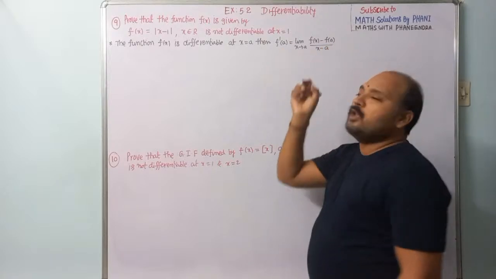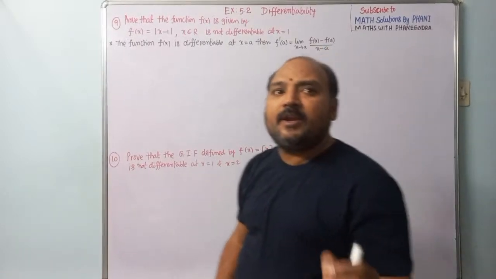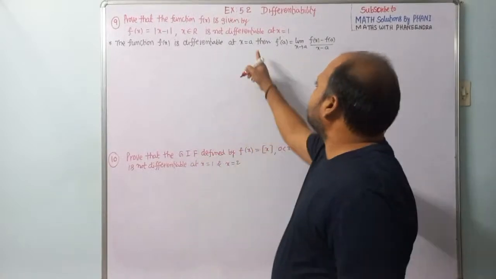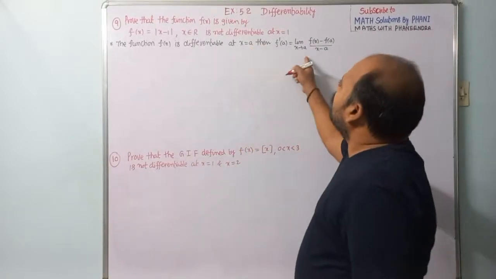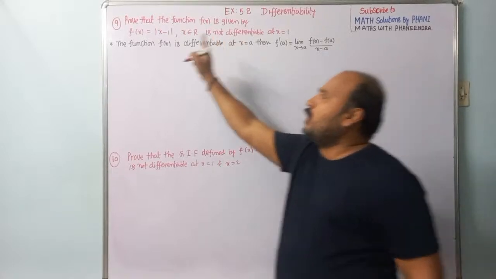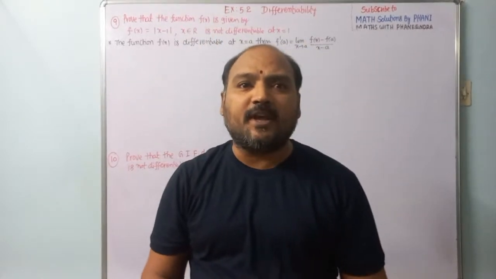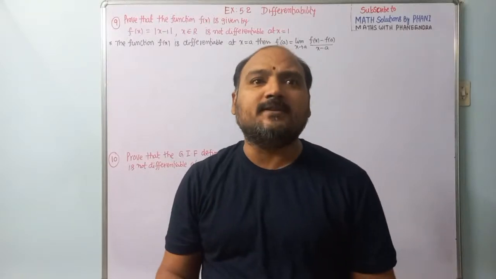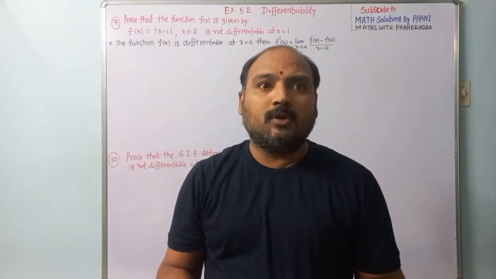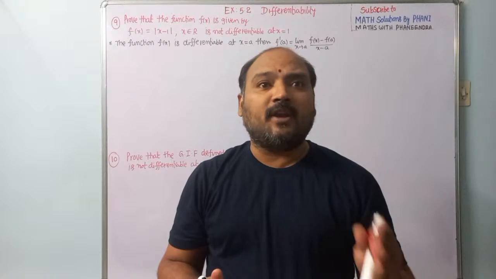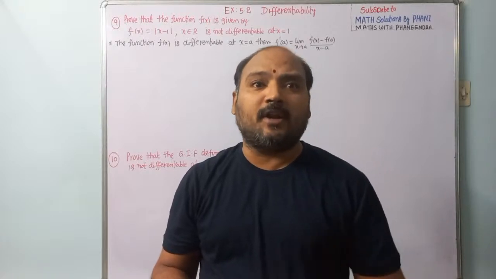Whenever these two values are equal, then it is differentiable at x is equal to a. So here, whenever a modulus function or greatest integer function is there, what you have to do is check the left hand derivative and right hand derivative.